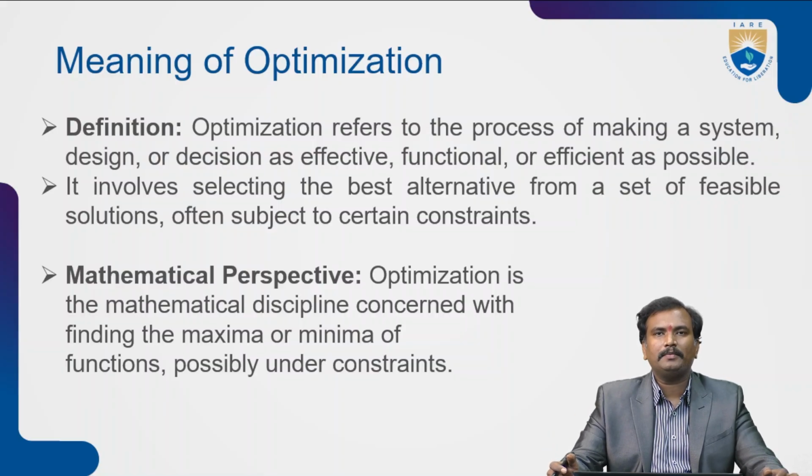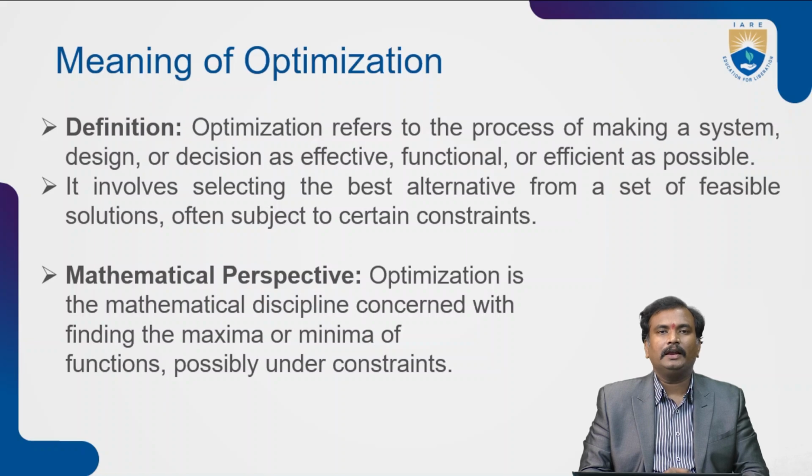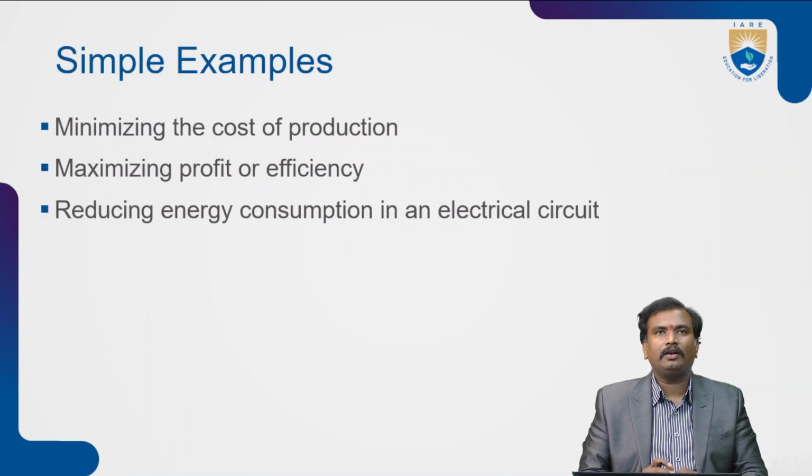So it is the mathematical discipline concerned with finding the maxima or minima of a function under specific constraints. We are going to find the maxima or minima of any particular function or real life example with certain constraints. The simple examples are minimizing the cost of production.